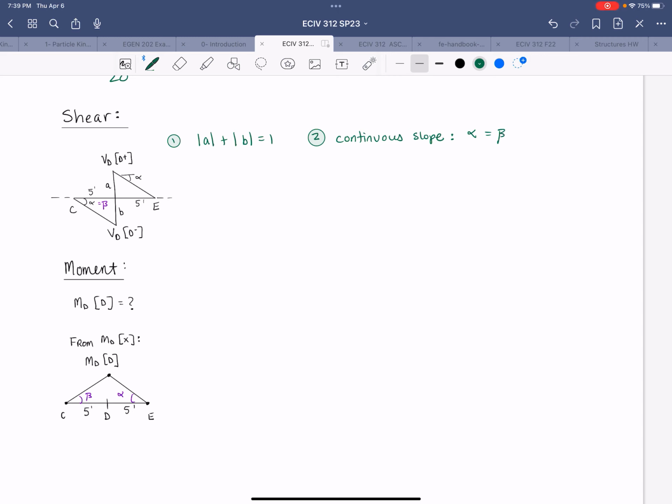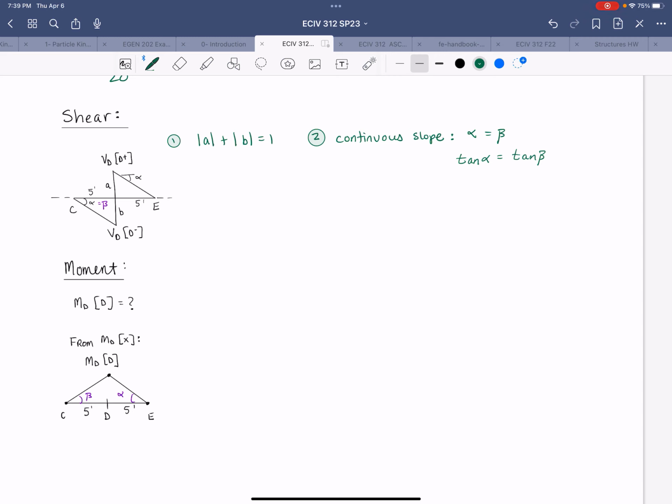All right, so that means that alpha is equal to beta. I think on the previous page I drew them both as alpha, but we're just noting that we could call them two different angles and then establish that they're the same. So that follows then that the tangent of alpha is equal to the tangent of beta.